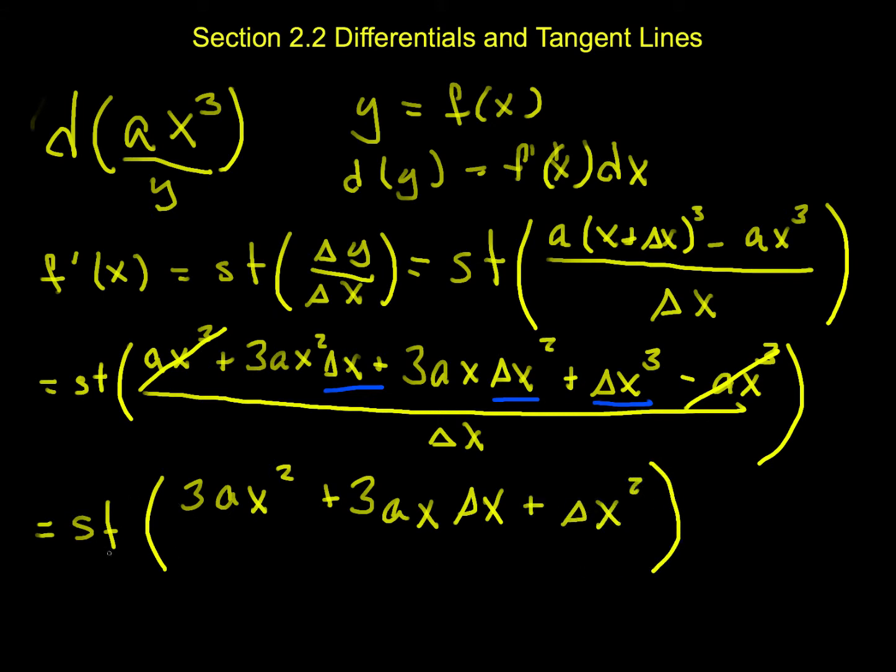And now we can calculate the standard part, because 3ax squared is a real number, whereas here we've got our infinitesimals, so the standard part of these two pieces is 0. So finally we can say that the standard part, which is our derivative, is equal to 3ax squared.